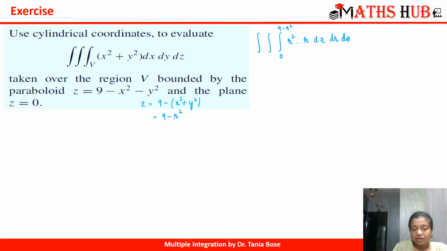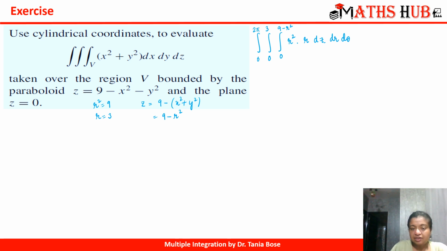So I can put z equal to 0 and I will get r square is equal to 9. So if r square is equal to 9, then r will be 3. And since it is bounded by z equal to 0, the limits of r will be 0 to 3, right? And since when I take its projection, it will again be a circle in the xy plane, theta will always move from 0 to 2 pi.